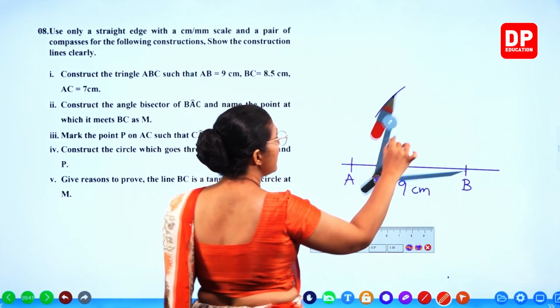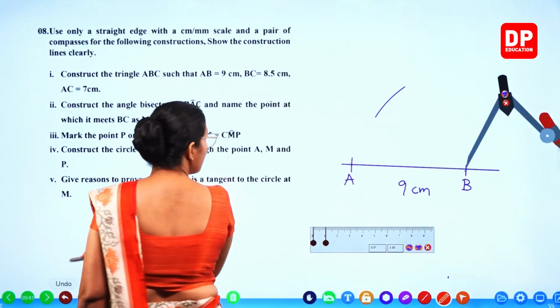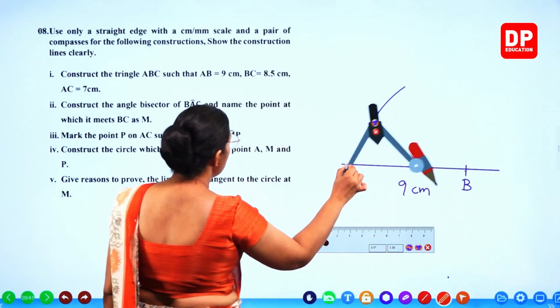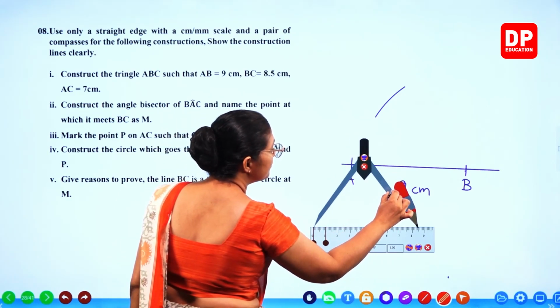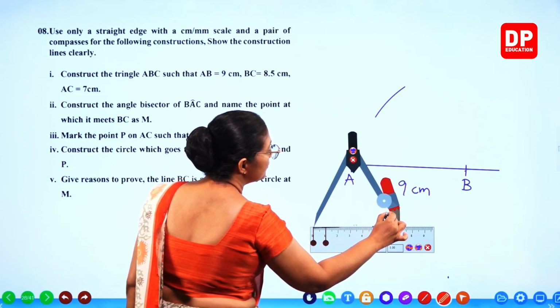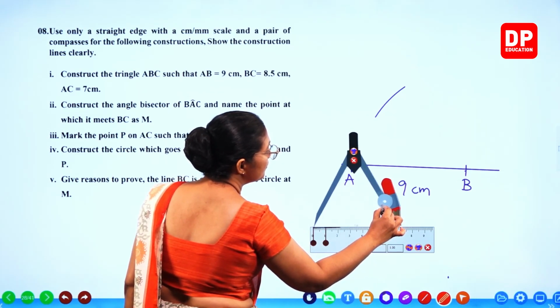Now we have to take 7 centimeters. So somewhere here.